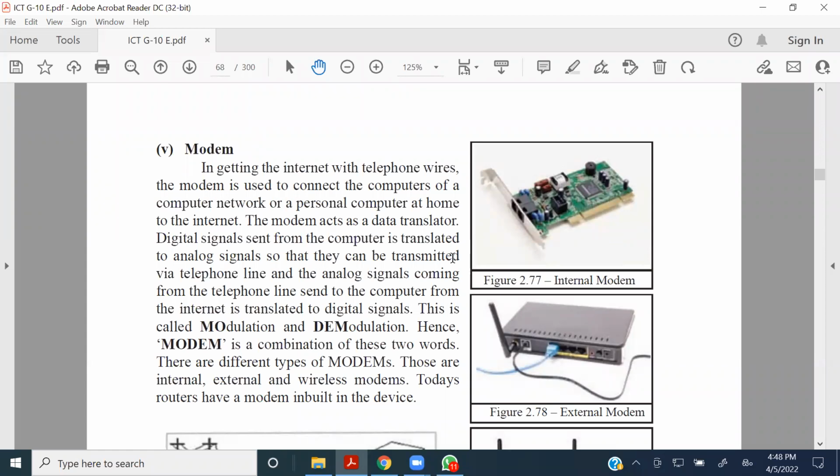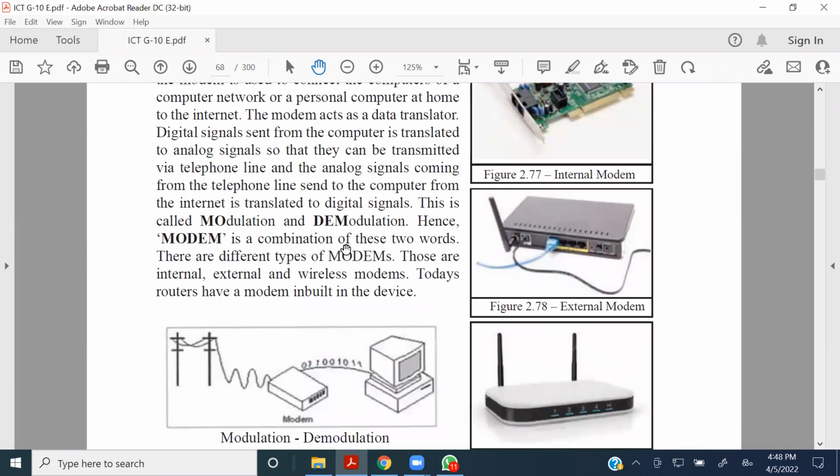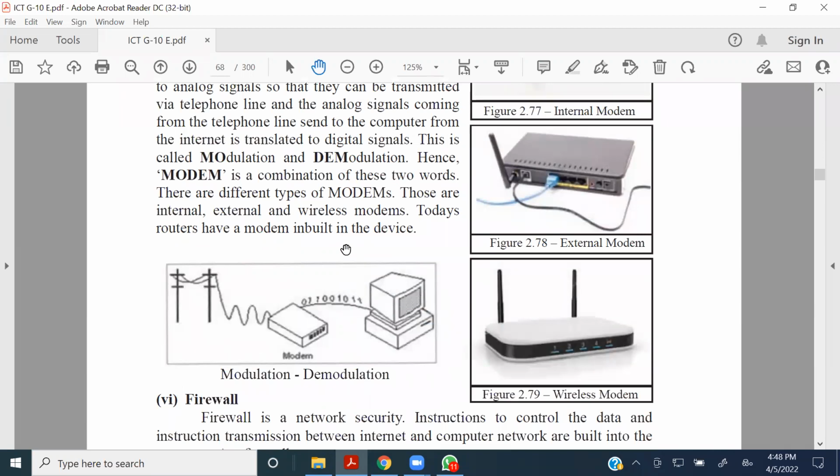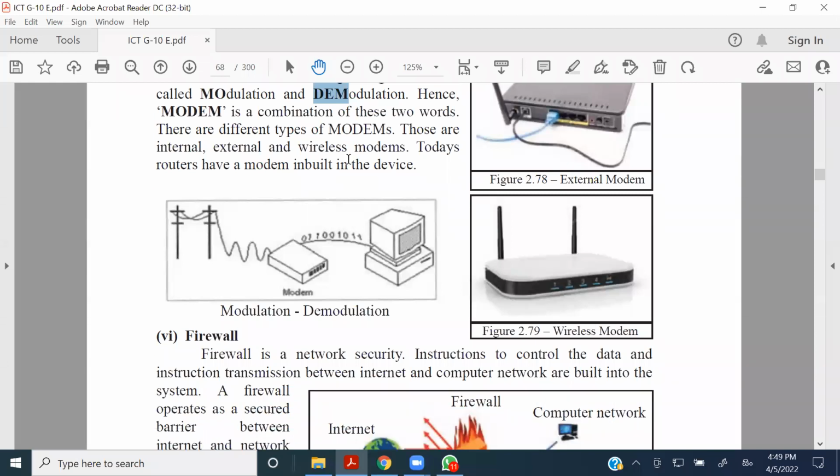when they are creating the routers, they embed several different services into it. All right. The word modem is created from two words, modulation and demodulation. As you can see, the first two letters of modulation and the first letters of demodulation give you the word modem.